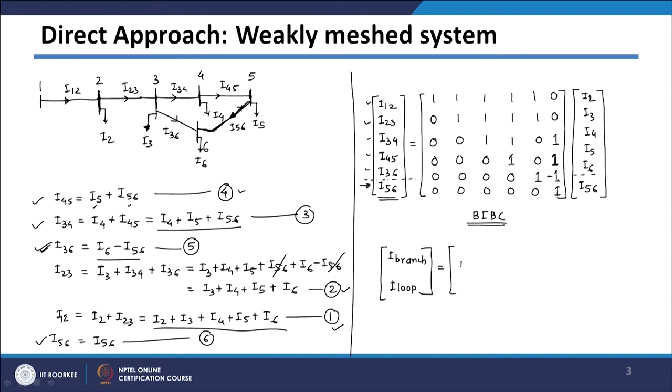Then there is this BIBC matrix, and these currents are the nodal load currents, so I can say I node, and then there is one entry similar to the left hand side, which again I am calling I loop. So we have got this equation, say equation I, which we will use later. So we have got the BIBC matrix for the weakly meshed system.